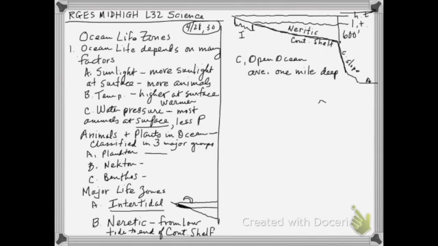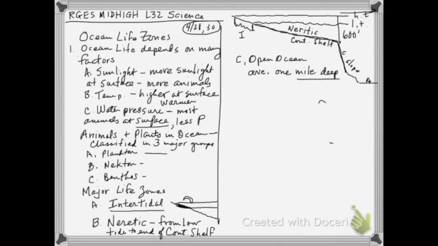So this abyssal area that has an average depth of 1 mile deep, that is going to be this open ocean life zone. Now the open ocean life zone can itself be divided a little bit. You can divide it into really 3 zones.